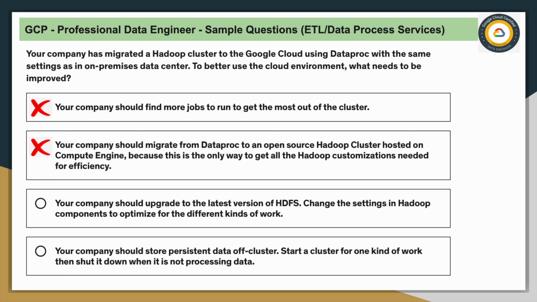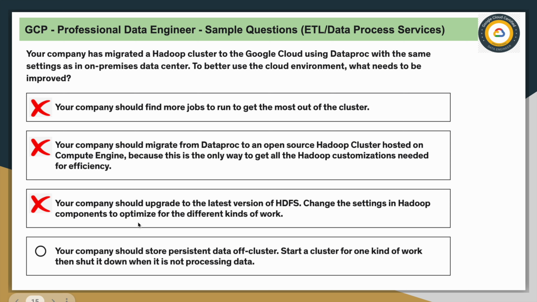That means you'll have to keep your data off your Dataproc cluster. In such a case, there is no question of upgrading to the latest version of HDFS, because when you provision a Dataproc cluster, it is automatically taken care of since you are not managing it. Google Cloud Platform will manage it for us. So you can ignore this option.